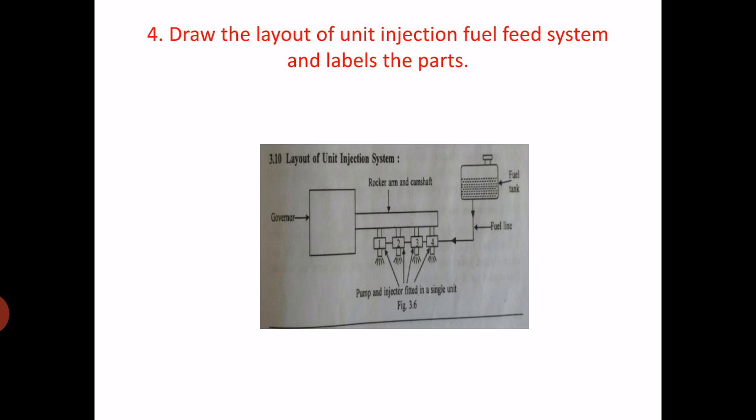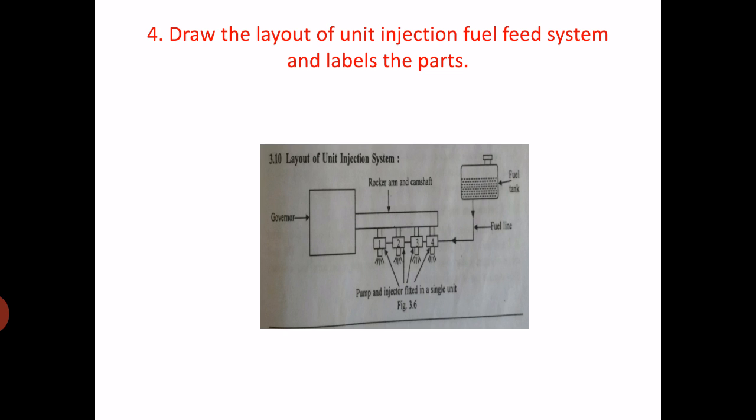In the individual pump system we have pump and injector separate, and the pipeline connecting the pump and injector is always a source of problem. There will always be leakage, and that creates problems. To avoid this, the pump and injector are united here.